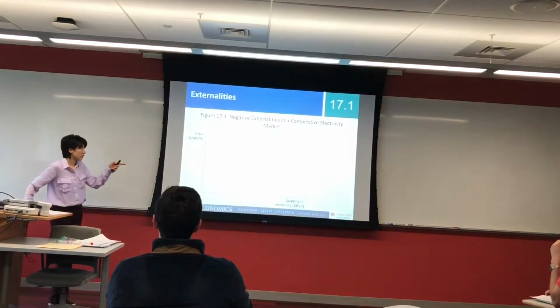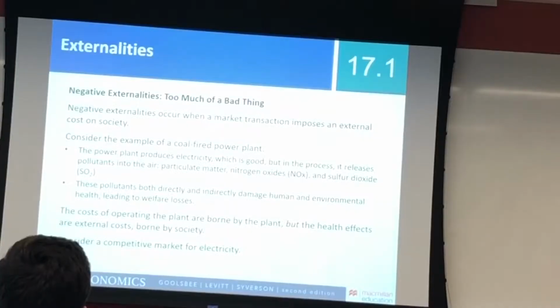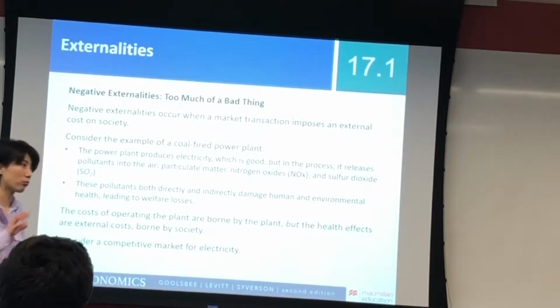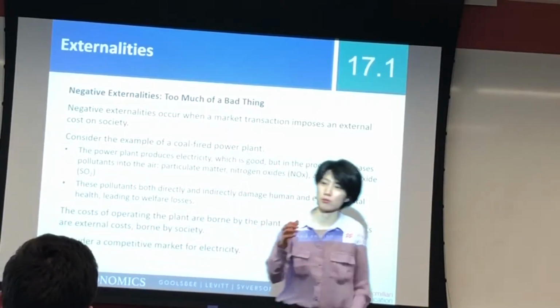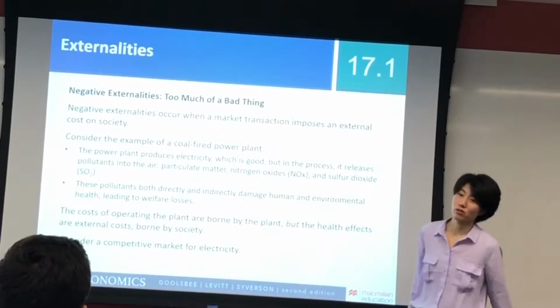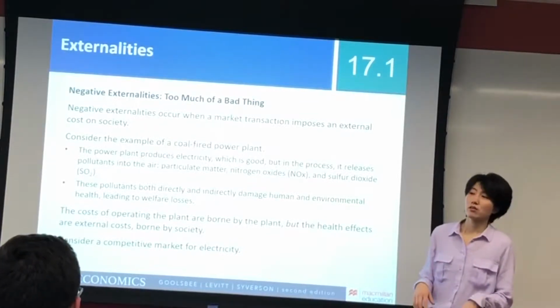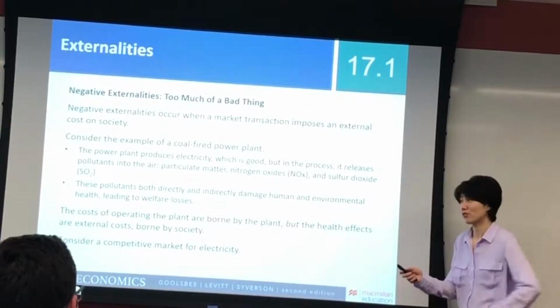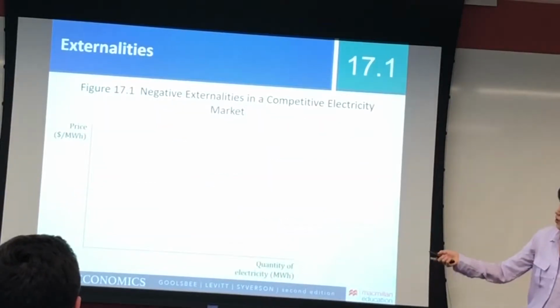So if there are negative externalities, take a competitive or free market for electricity. We know that in the process of producing electricity, some external marginal cost occurs, imposed on some third party not involved in the transaction.